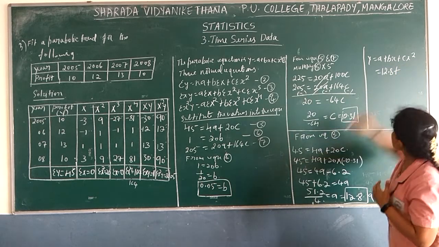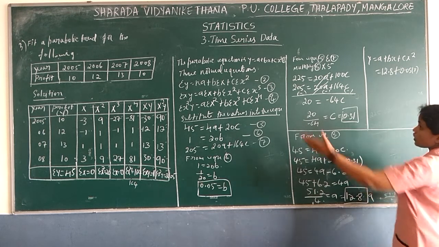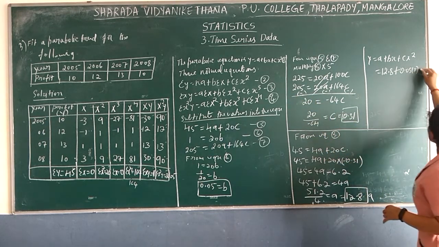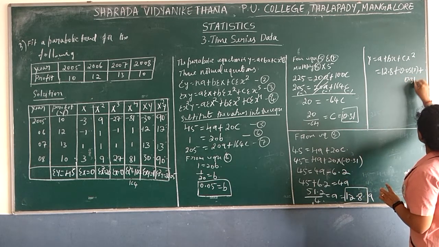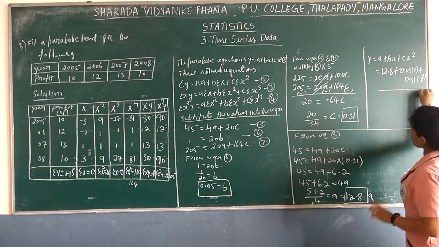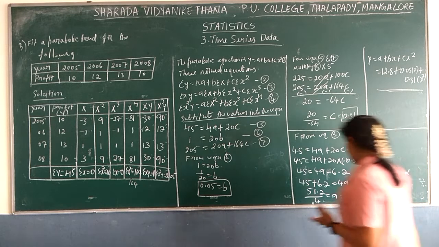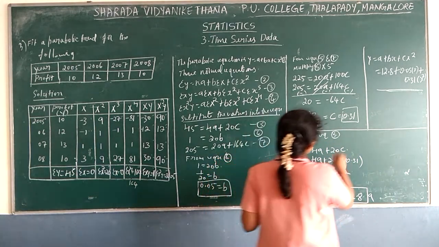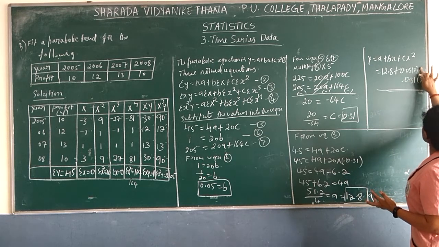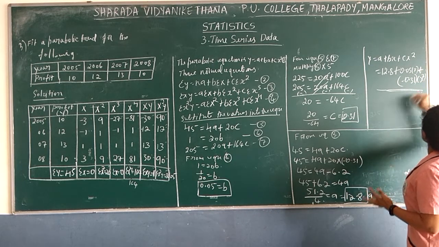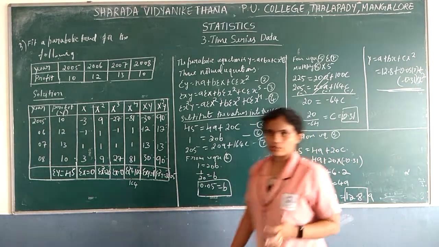Value of b is 0.05. x as it is, since we are not calculating for any other year, plus the value of c, 0.31 x squared. Did we get any value as minus here? Yes, c is minus, into x squared. So this is the equation.